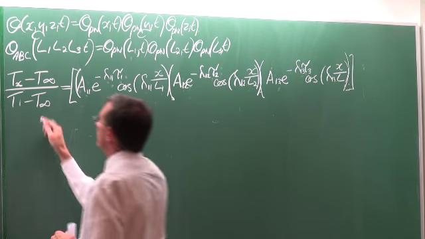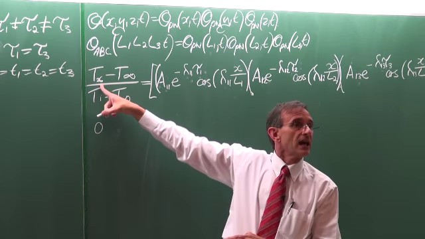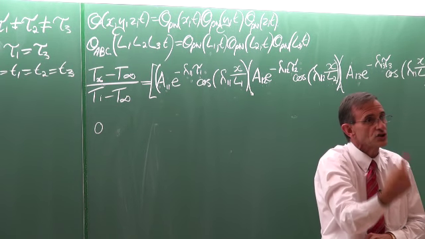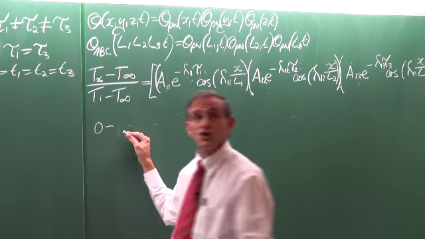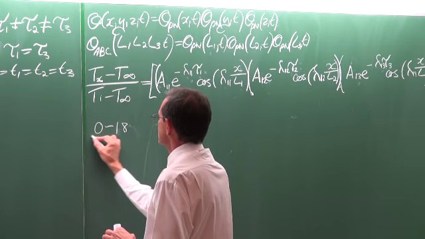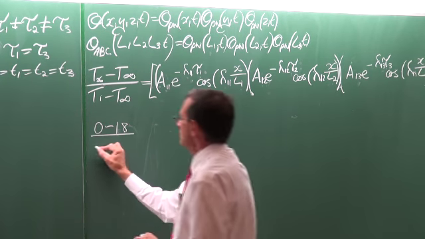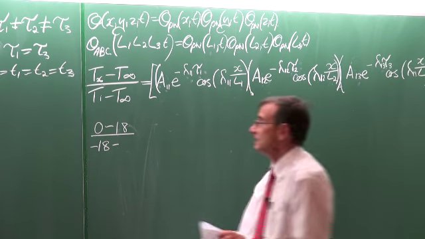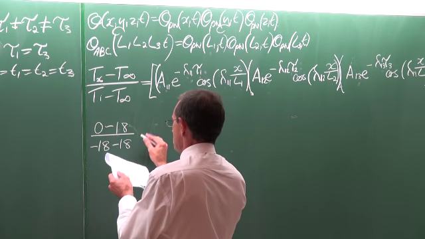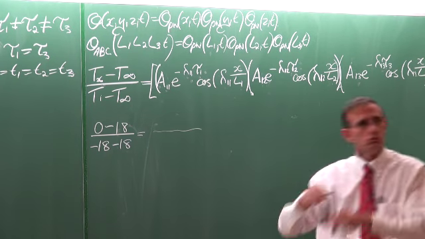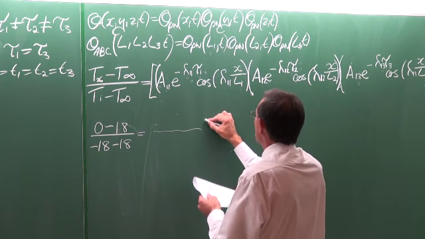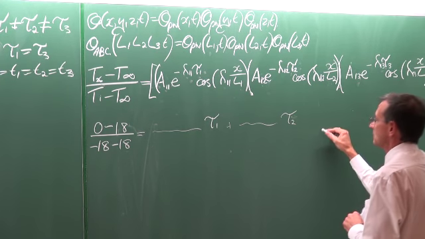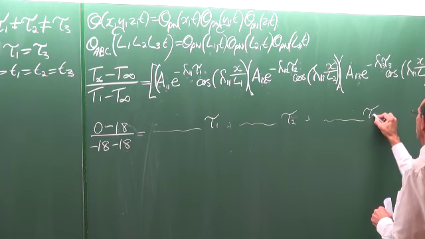So this equation now becomes: the temperature at X is 0. We want to know how long it takes before the temperature gets to 0, minus the temperature on the outside, the ambient temperature, which is 18, divided by the initial temperature of the block of ice, which was minus 18, minus 18, again, is then equal to lots of constants and terms multiplied by tau 1, plus lots of stuff and a tau 2, plus lots of stuff and a tau 3.